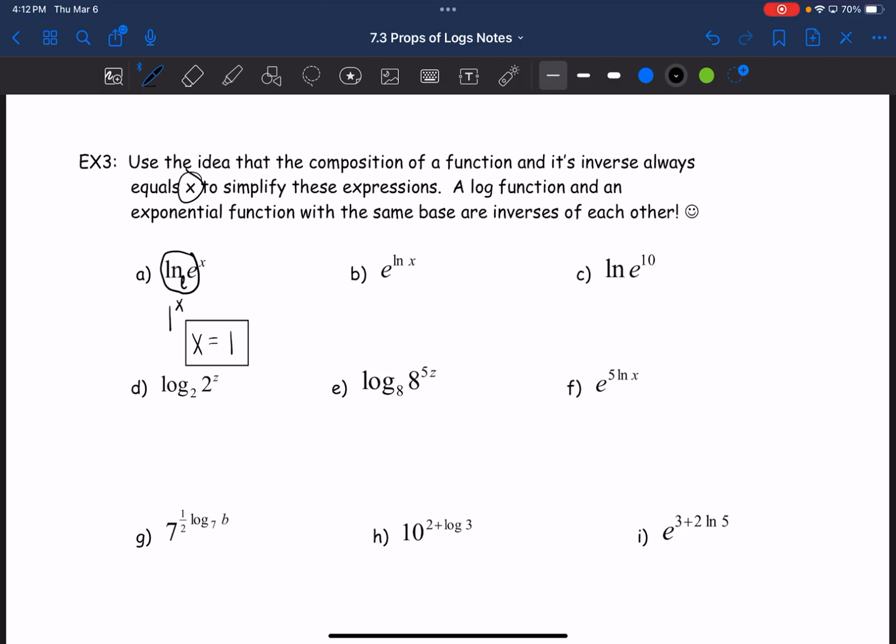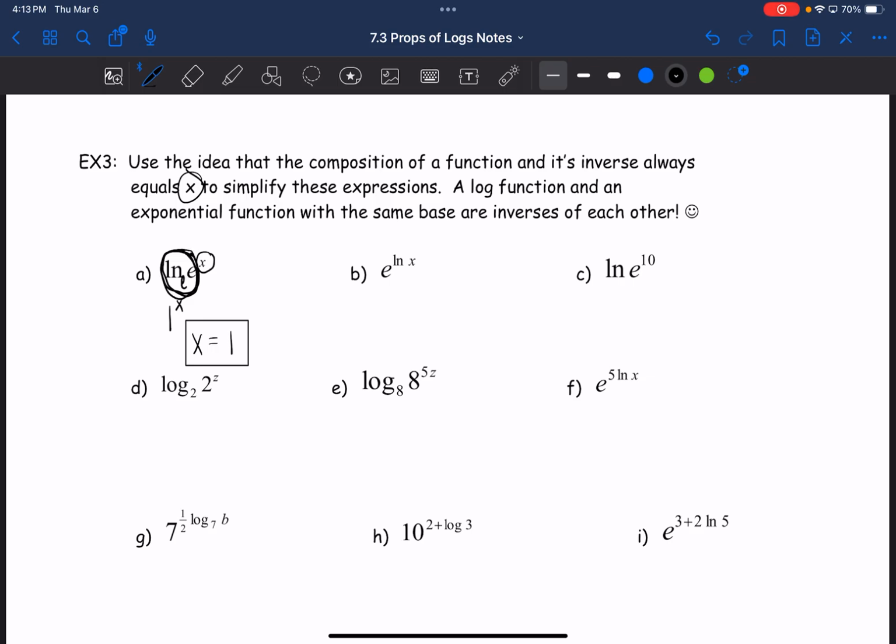Okay, this one's a little bit different because ln is the base. If you were to type the natural log of e in your calculator, it becomes 1. So that is why this one's a little bit different, right? You would think maybe it should just be x because that's what's left over, but if you were to type this in your calculator, you get 1.